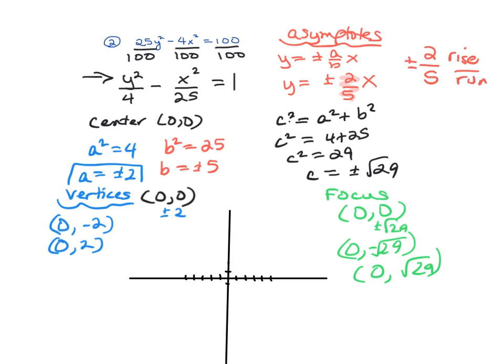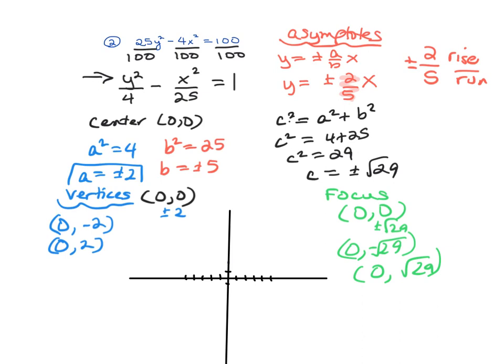So when I go to graph these, my rise will be 2, my run will be 5. So let's go ahead and graph all these things that we just found, and then we'll find domain and range.